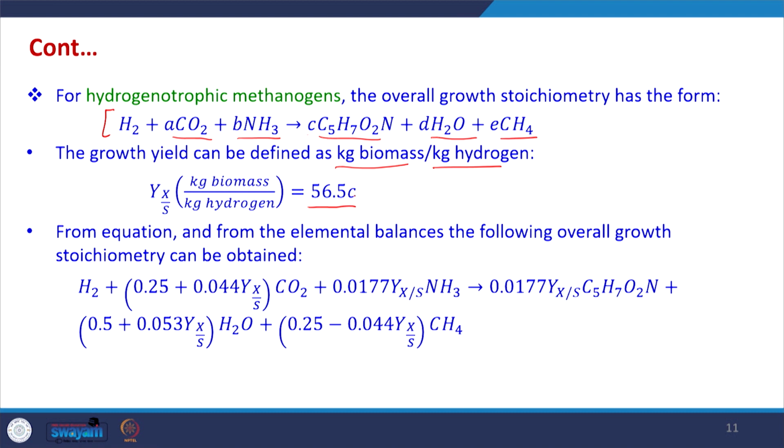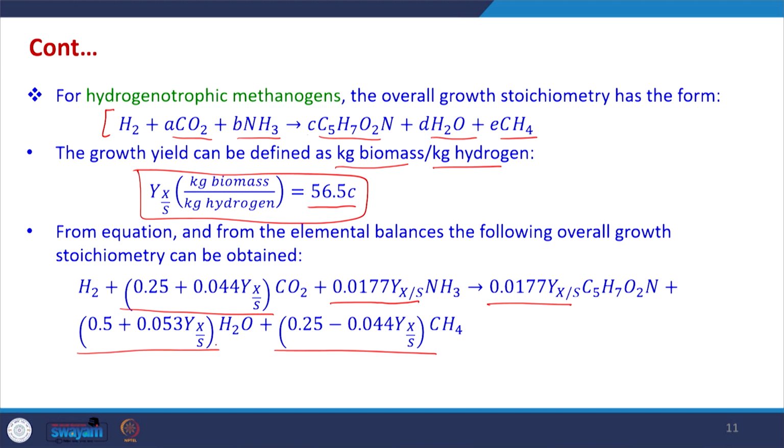The C value will be there, the molecular weight of biomass will be used and the molecular weight of hydrogen will be used. And using this particular equation and the elemental balances, we can write the actual value of the stoichiometric coefficient for each of the cases, which can be solved once the value of the yield coefficient is determined.